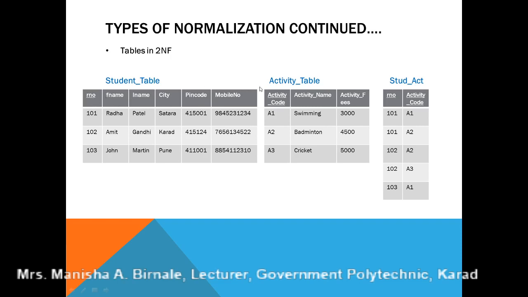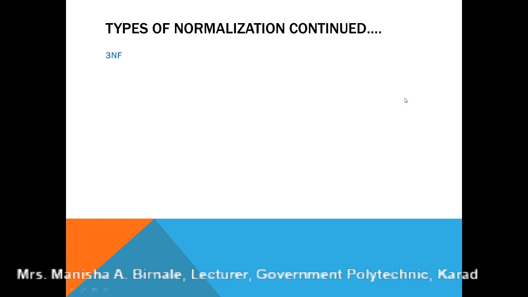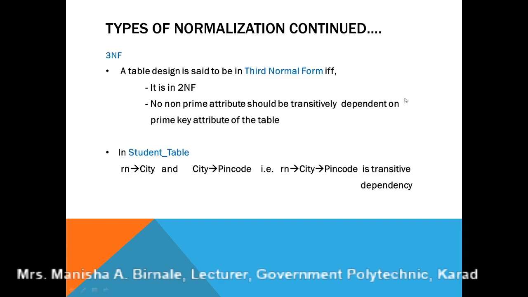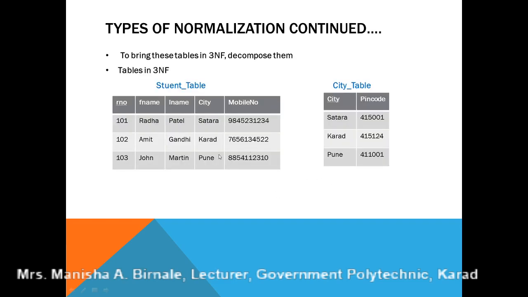City is dependent on roll number and pin code is dependent on city. Such types of transitive dependencies are not present in the other two tables, the activity table and stud act table. So we have to decompose only the first table in order to bring it into third normal form and remove that transitive dependency. So what should be done? Here the first table will contain only roll number, F name, L name, city and mobile number.